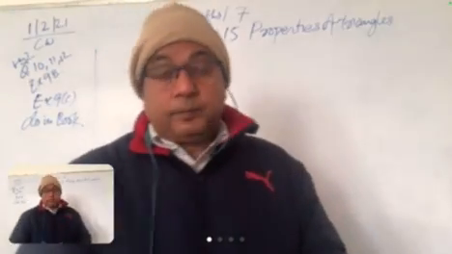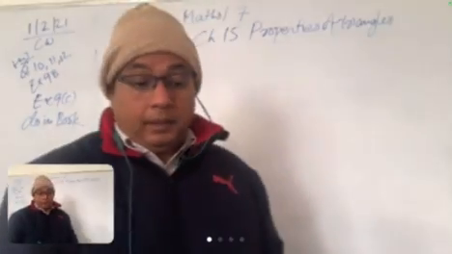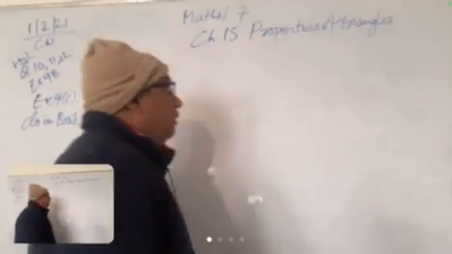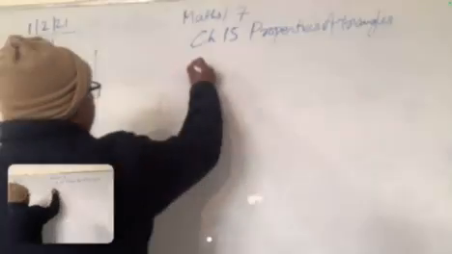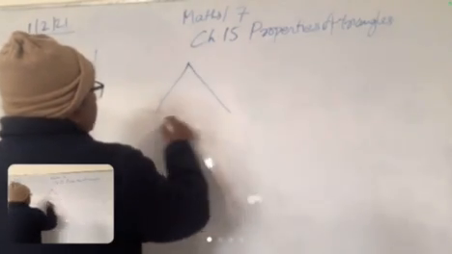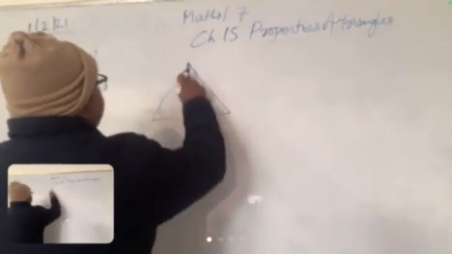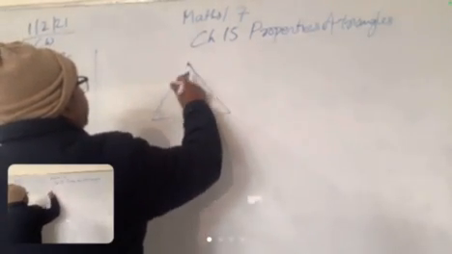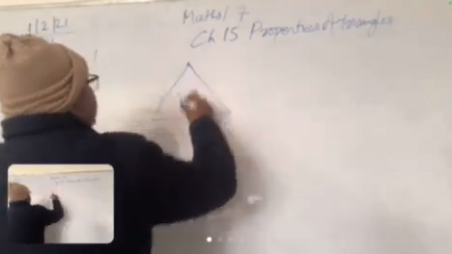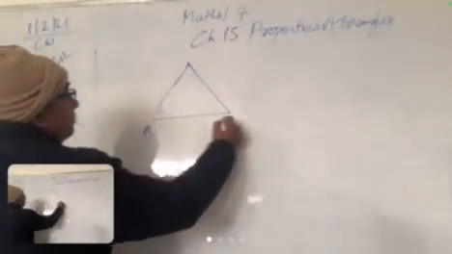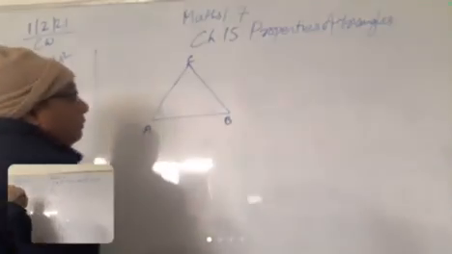Now, let us start chapter number 15, properties of triangle. So first, triangle. What is triangle? Everyone must write this. This is the classwork. What is triangle?